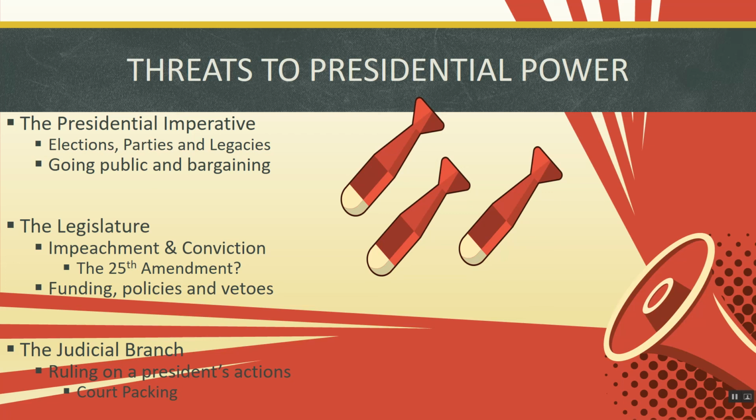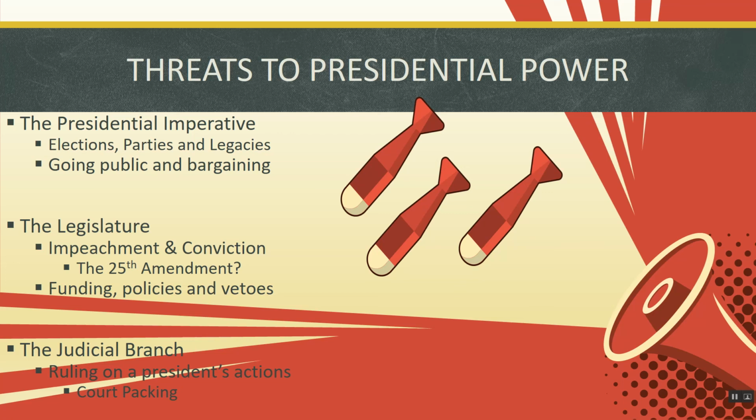Now, I do want to clarify something. To impeach a president and to remove a president from office are not the same thing. Impeachment requires a simple majority vote of the United States House of Representatives. And to impeach a president is simply to formally charge that president with a high crime or misdemeanor.